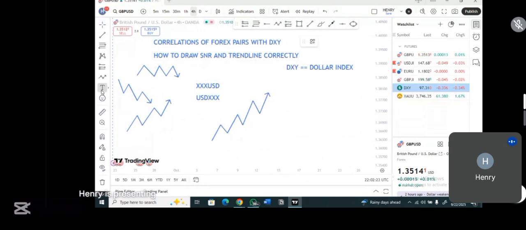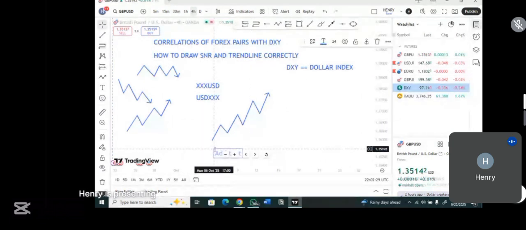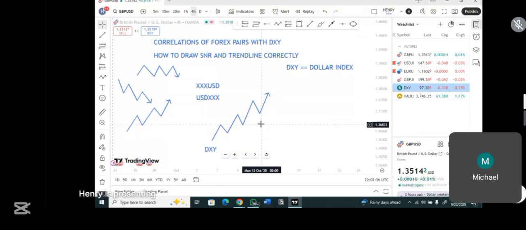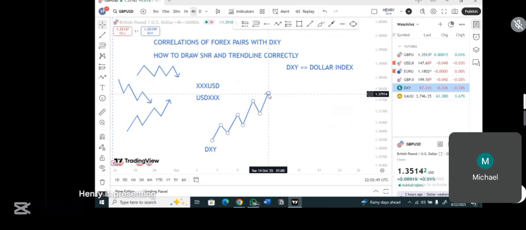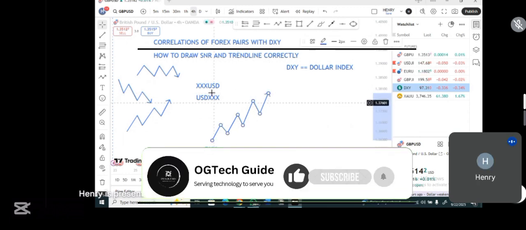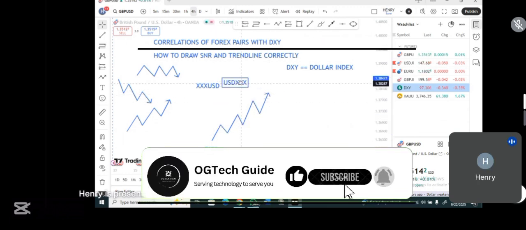Let's just say this is DXY. DXY is in an uptrend, right? Now let me put USD XXX first so it doesn't confuse you.